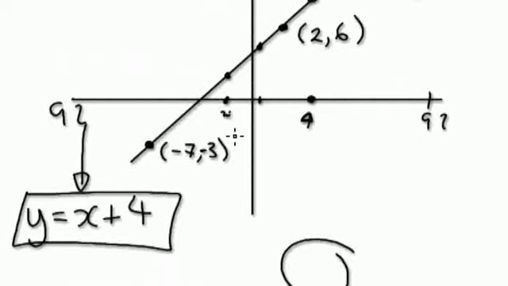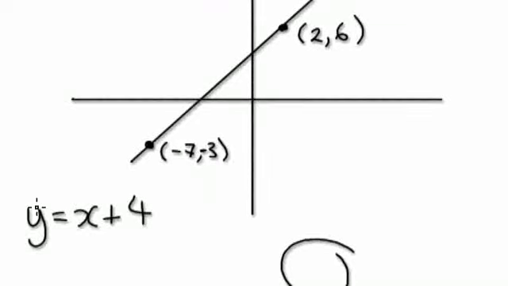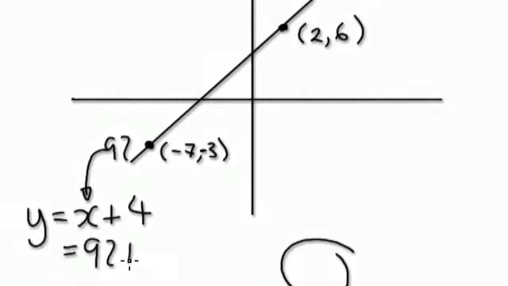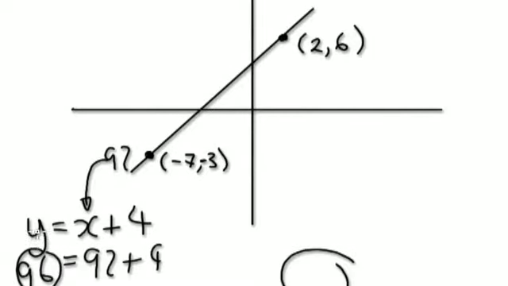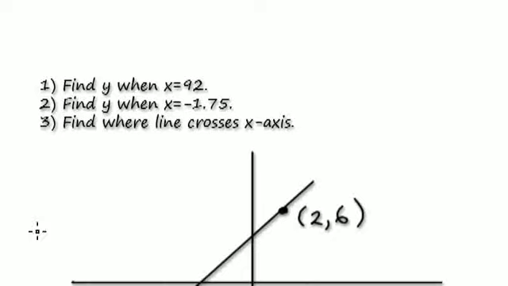So if you want to know what y will be when x is 92, then put the 92 into here. So it would be 92 plus 4. So y would be 96.